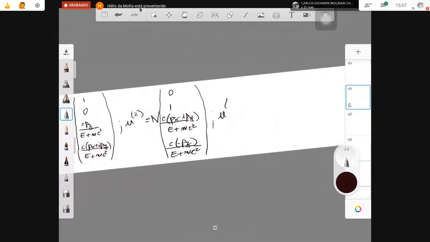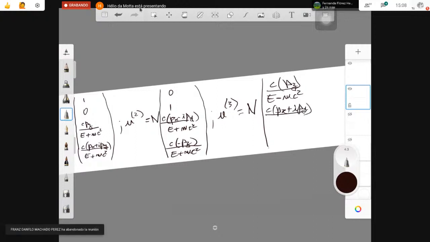And then you have U3. That's again N, c p_z over E minus mc squared, c(p_x plus i p_y) over E minus mc squared, 1 and 0.